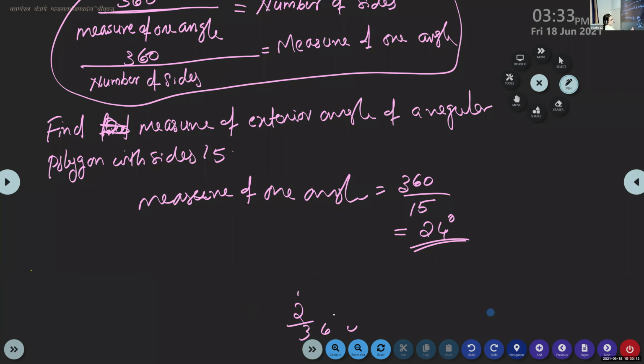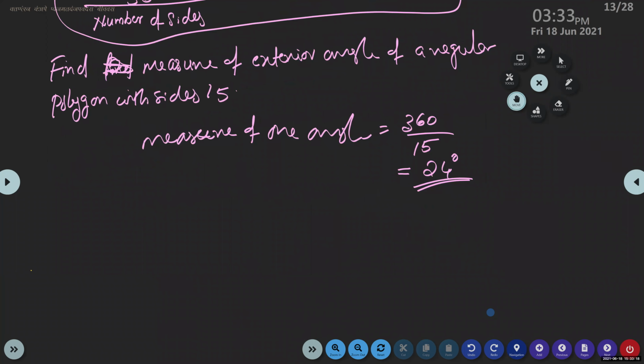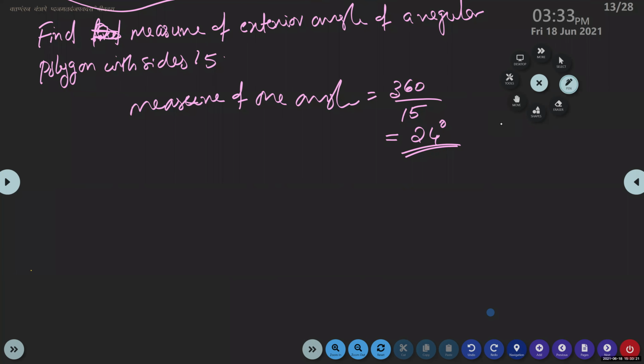Right, question number 4. How many sides does a regular polygon have if each of its interior angles is 165 degrees? All of you have your textbook, no? Yes, ma'am, we have. Okay, so write.